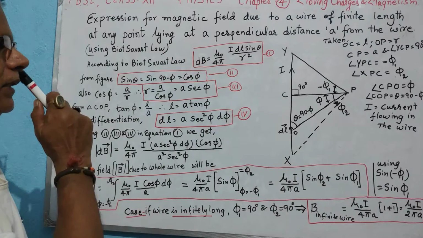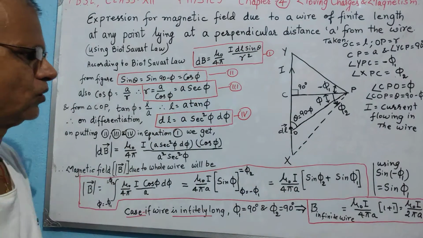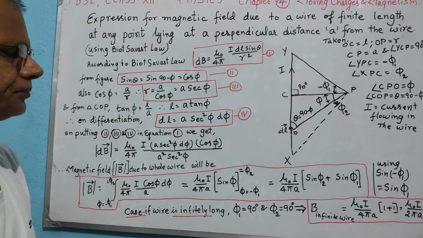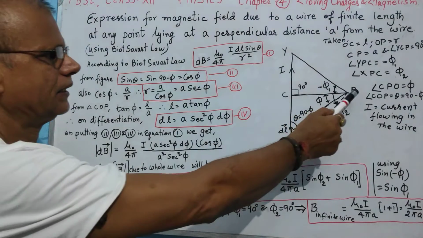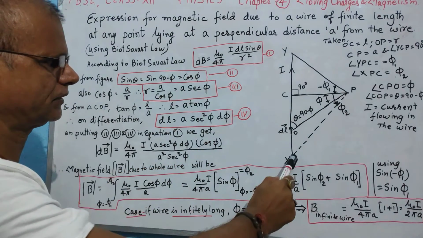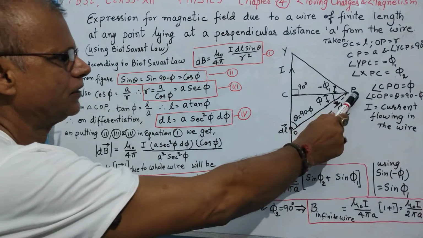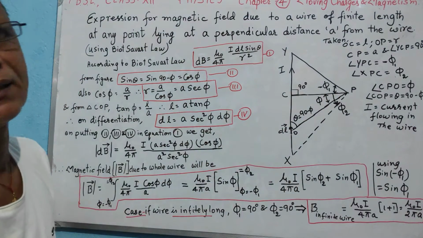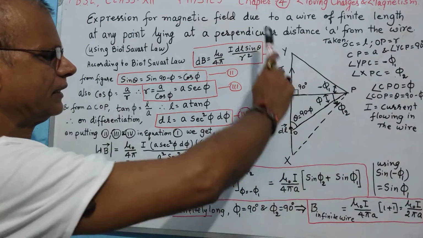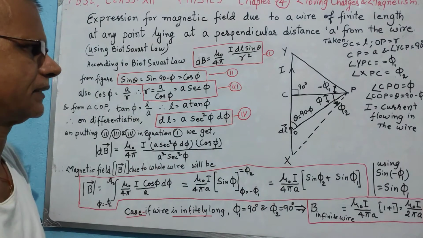So here you see we are assuming that we have a wire having finite length YX, and then we consider any point P at which we have to find the magnetic field due to the wire carrying current I in vertically upward direction.